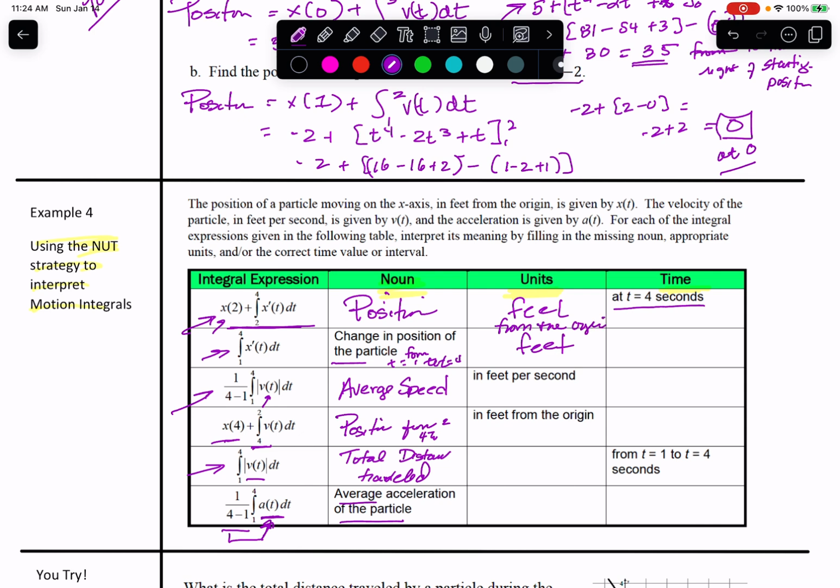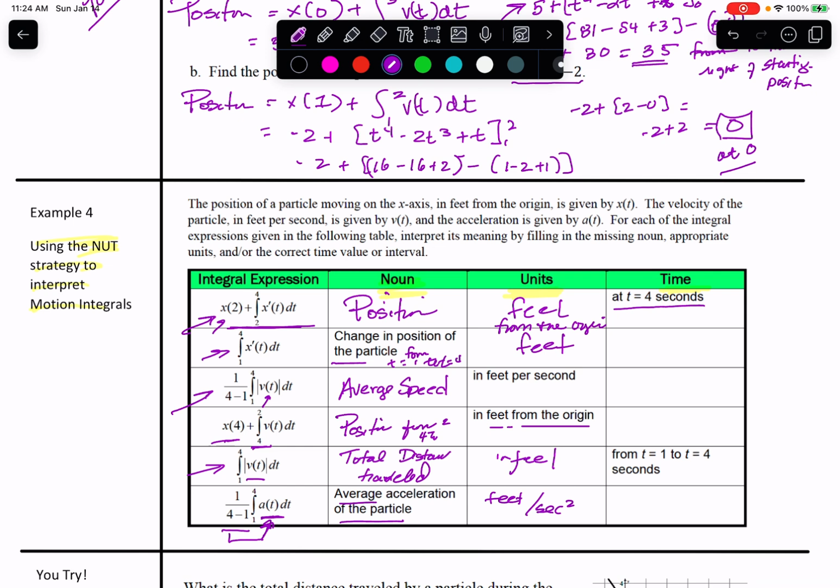And average speed is in feet per second, okay, and this one is in feet from the origin. Again, the position. Total distance traveled would be in feet. And the average acceleration would be in feet per second squared, because it's acceleration.